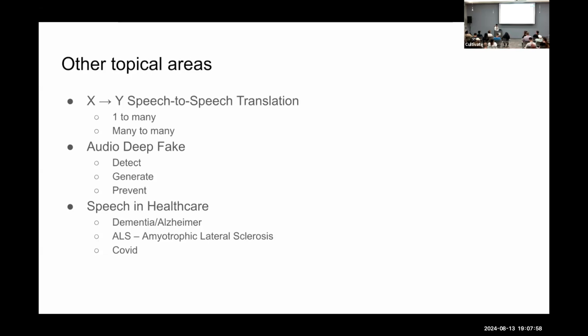And also in healthcare, where I have worked a lot, detecting dementia and Alzheimer's from speech. For instance, just imagine if your phone says, hey, you are going to get dementia probably 5 years down the line from now, just start consulting with your therapist or something like that.